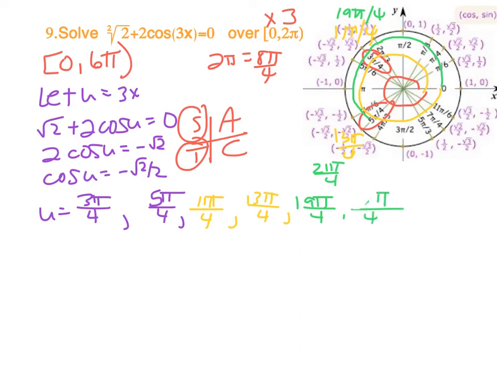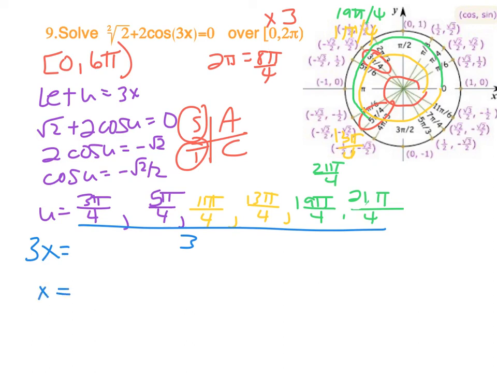So keep in mind, as we're doing this, we're still going to end up dividing. 21 pi over 4 seems weird, that you went around 3 times. However, remember that we let u equal 3x. So I'm going to have to divide everything by 3.